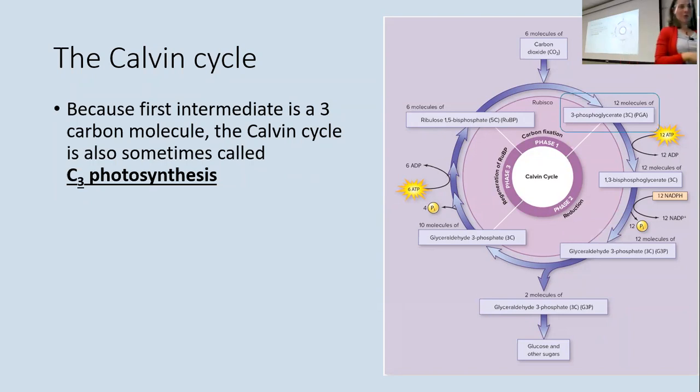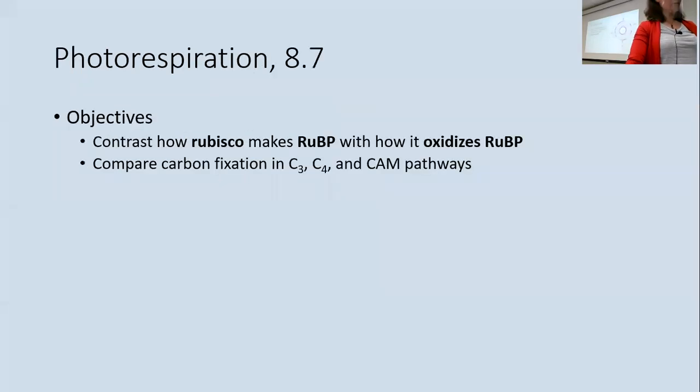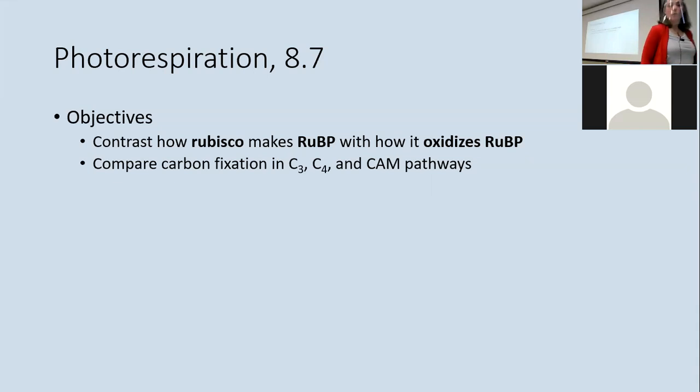There are exceptions to that, which we will talk about on Wednesday when we talk about photorespiration. We talk about C4 and CAM as alternatives to C3 photosynthesis. Yeah, so we're within less than 10 slides from the end of chapter 8. So nearly there.